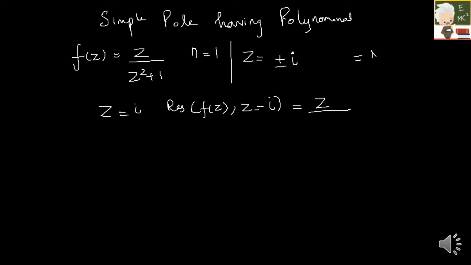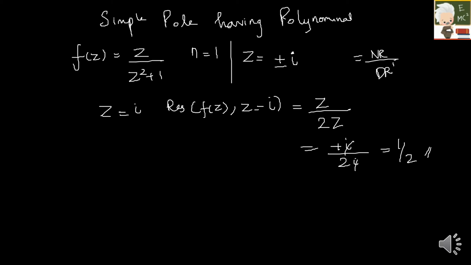So it is basically numerator by the differentiation of the denominator. Differentiating gives 2z. Now apply z equal to i, which gives i divided by 2i. The i gets cancelled, so finally your answer is 1 by 2. If you use the formula, you will again get the same answer.